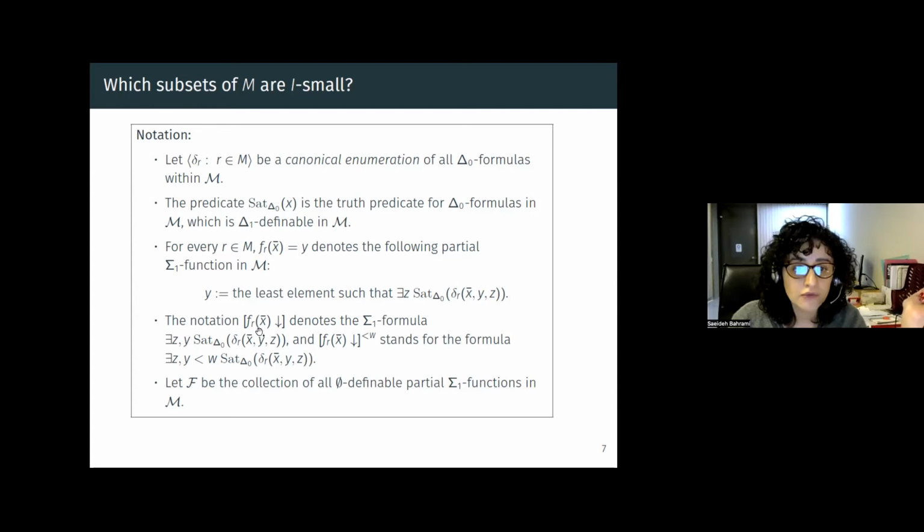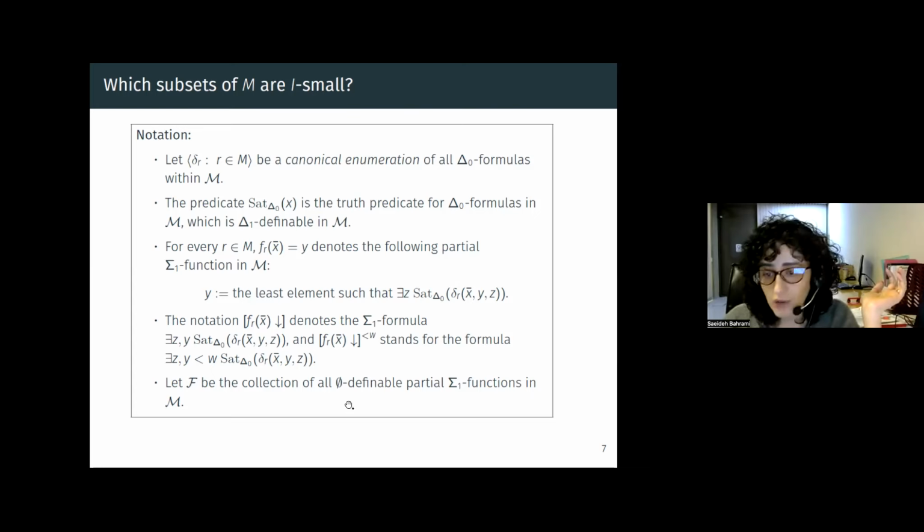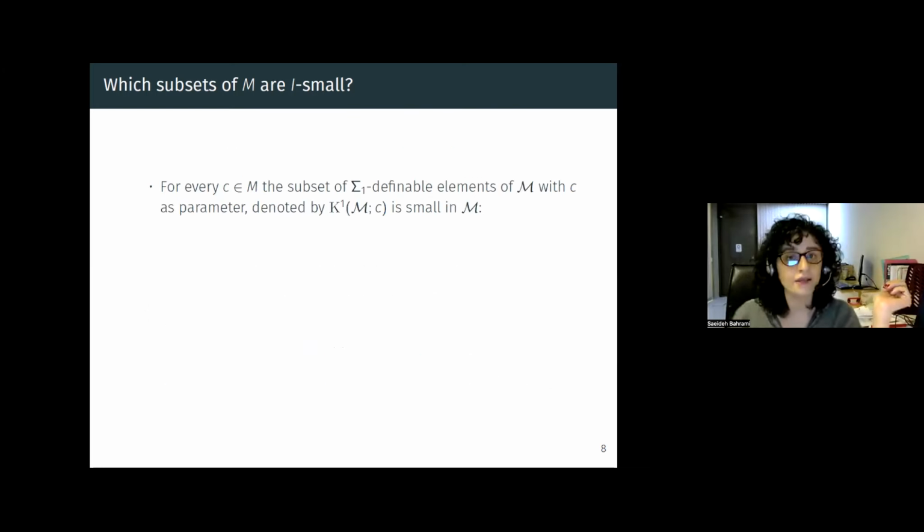And whenever I'm talking about this notation, R of X diverges, it is just an abbreviation: there exist some z and y's such that delta R of X, y, z holds, and this one is when we bound the quantifiers by W. And the italic F is the collection of all M-definable partial sigma 1 functions. So now we can close the parentheses and go on.